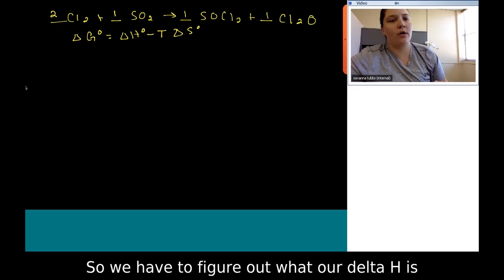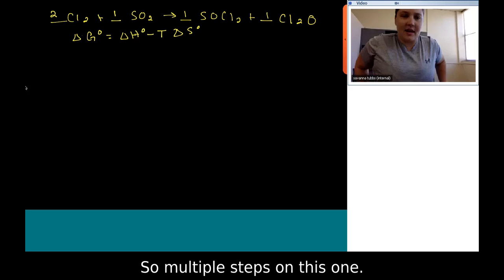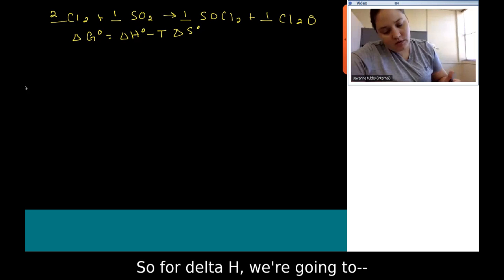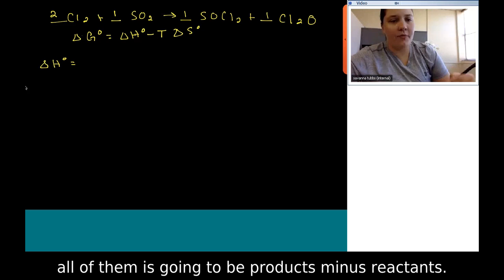So we have to figure out what our delta H is and our delta S is. So multiple steps on this one. For delta H, all of them are going to be products minus reactants.